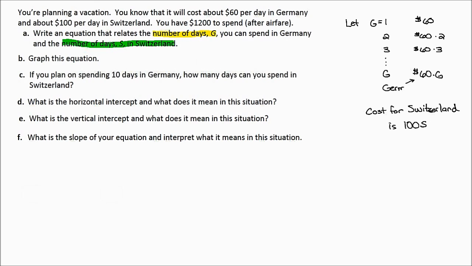We have our cost for Switzerland, and we know that altogether it's got to sum up to $1,200 because that's what we're going to spend. You're going to spend every penny that you can. It's an implied statement within a problem.